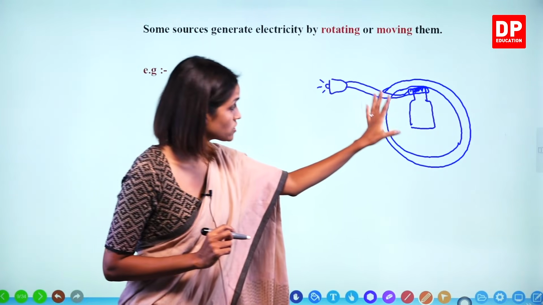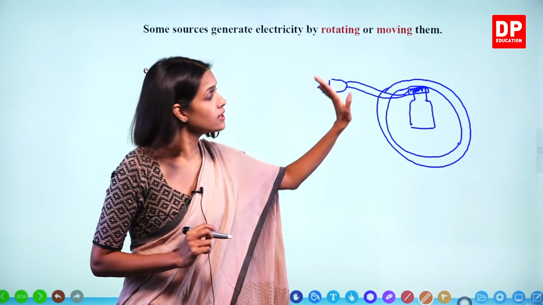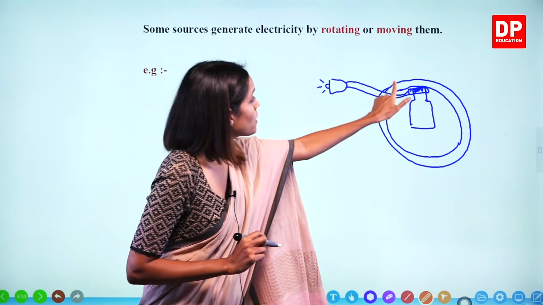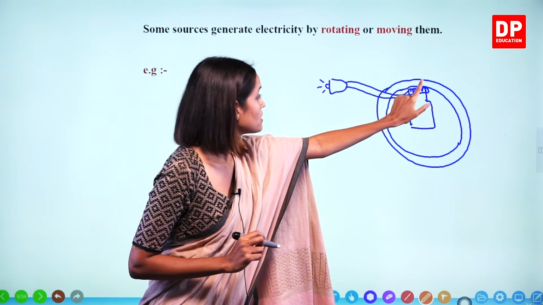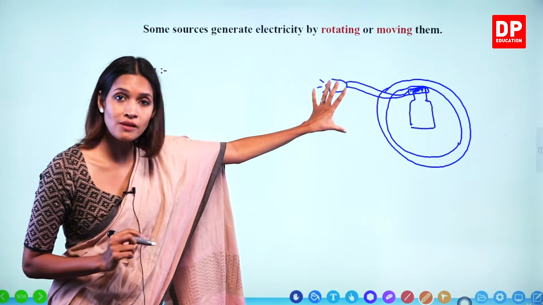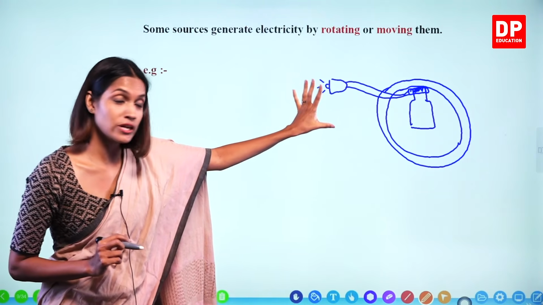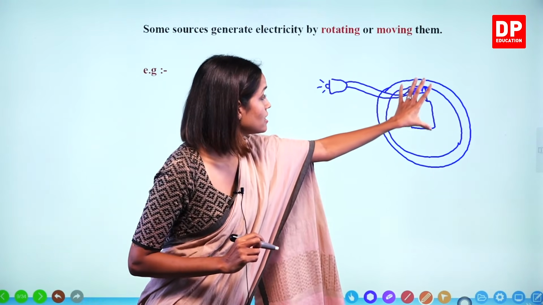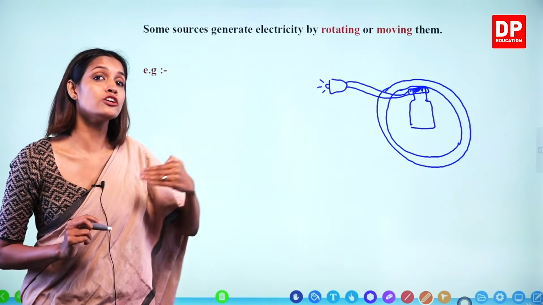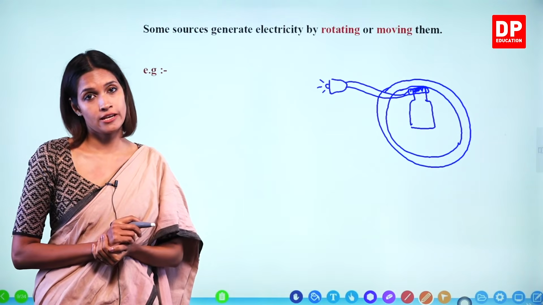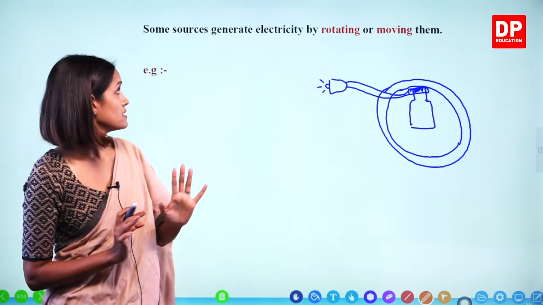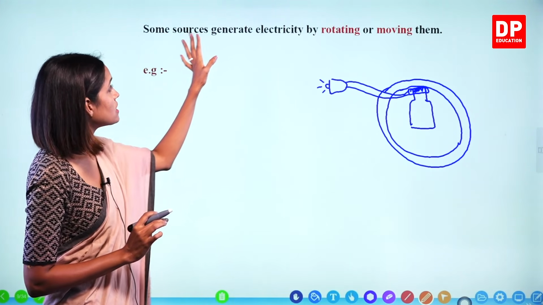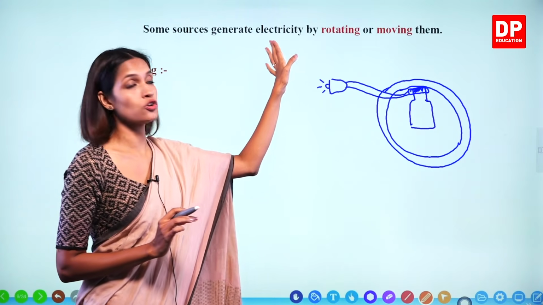We are going to do experiments to study this, okay? So, only when this part rotates or moves, this bulb lights up, okay? It means this dynamo generates electricity by rotating or movement. Understand, children? So, some sources generate electricity by rotating or moving.